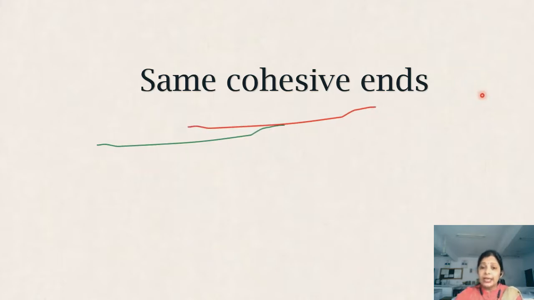It is highly probable that they will join to each other through complementary base pairing. That is why type 2 restriction enzymes, which make asymmetrical cuts, are most commonly used for genetic engineering because of these cohesive ends.